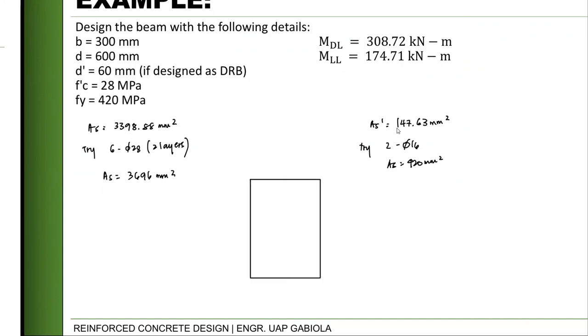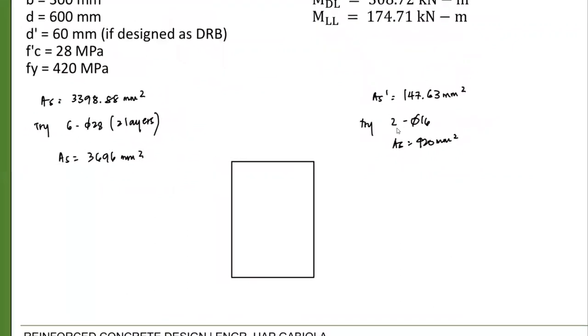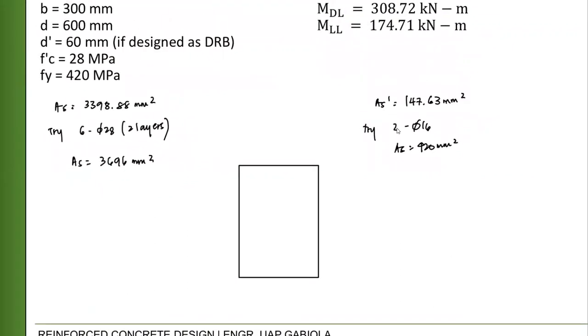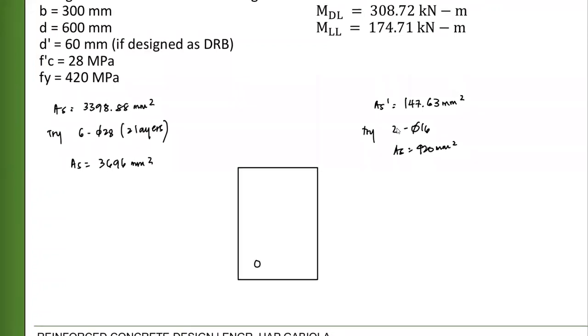So this is our section now. We have 6 of 28: 1, 2, 3, 4, 5, 6. Then two 16 here. So that will be our section. This is our D prime. Our D will be the centroid of this.